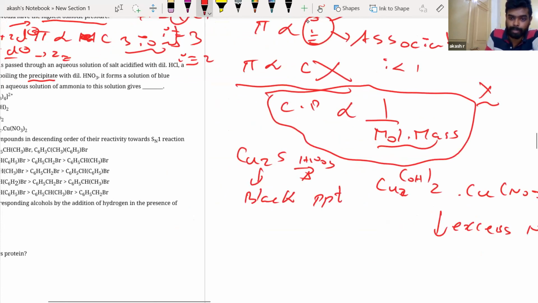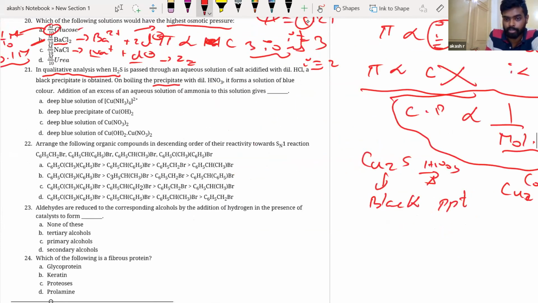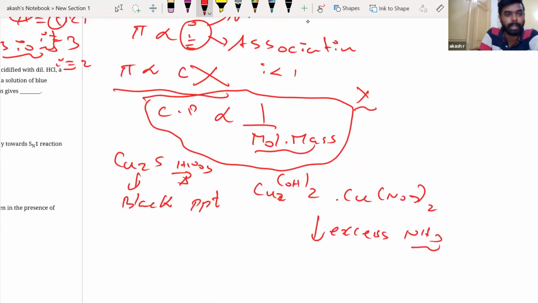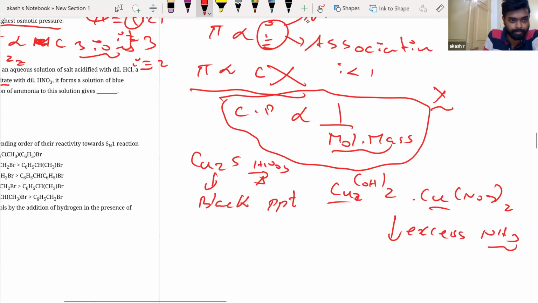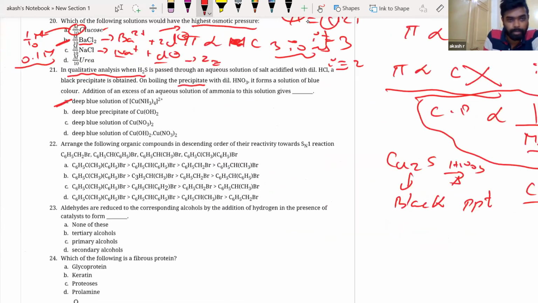Because this is going to form a complex. I have NH3 and all these copper salts present, a double salt. So most probably the answer would be a deep blue color solution of [Cu(NH3)4]2+. Now Cu(OH)2 is not blue in color, and Cu(NO3)2 is also not blue in color, and this is formed before adding NH3.